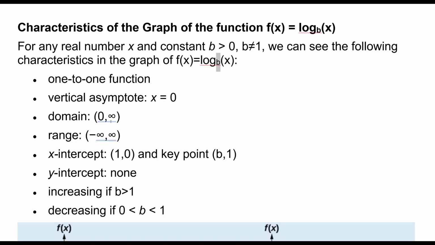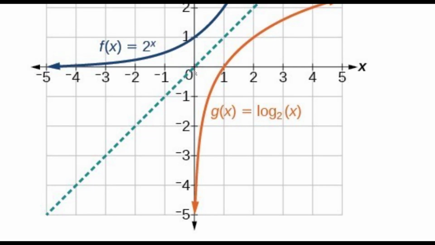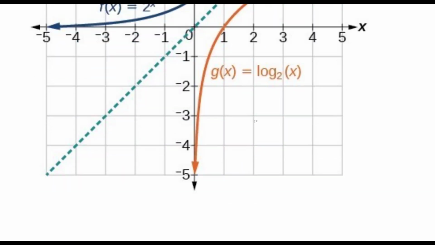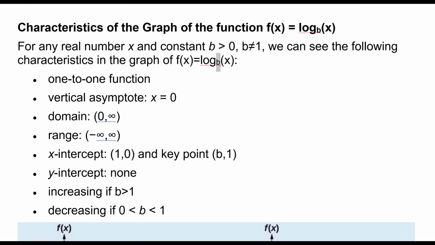The domain is 0 to infinity. The range is -infinity to infinity. So for the domain, it doesn't get to 0, but it gets infinitely close, up to infinity. And the range goes down forever, it goes up forever, so it's everything. The x-intercept is at 1, 0, and the key point is at b, 1, where b is the base.